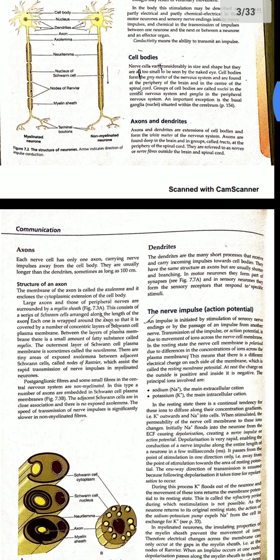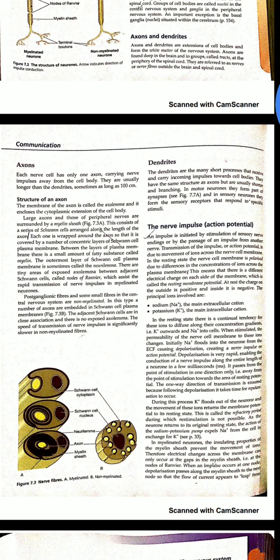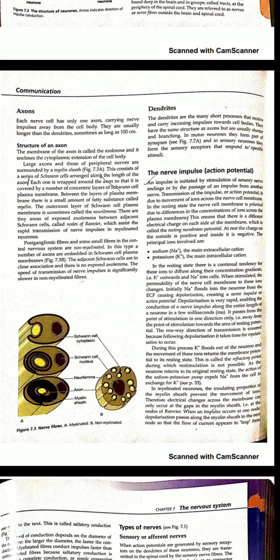Next we have axon. Each nerve cell has only one axon carrying nerve impulse away from the cell body. They are usually longer than the dendrites, sometimes as long as 100 centimeters. Further, structure of an axon.